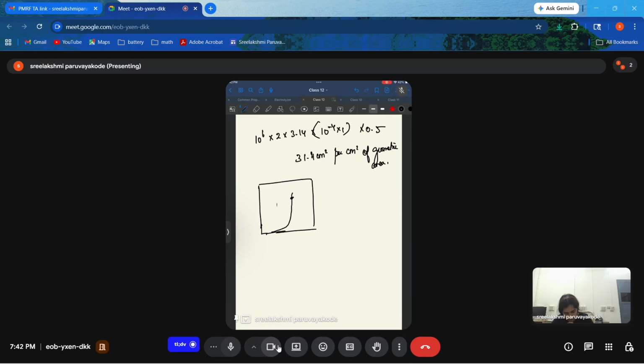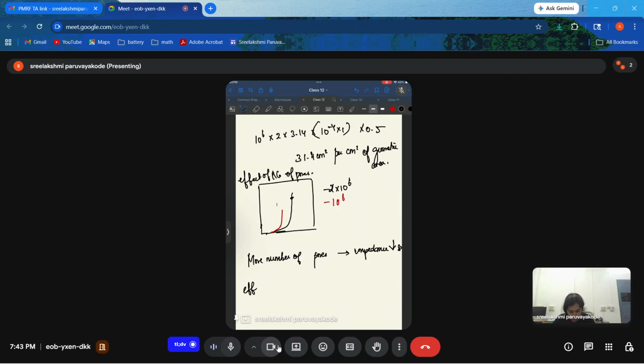So if this is for 2 into 10 to the power 6, now if I'm reducing it to 10 to the power 6 pores, this will reduce to something like this. So the idea here is, with more number of pores, impedance will reduce. This is the effect of the number of pores.